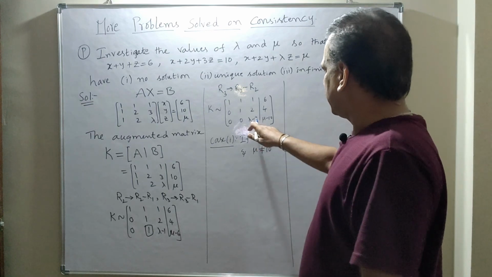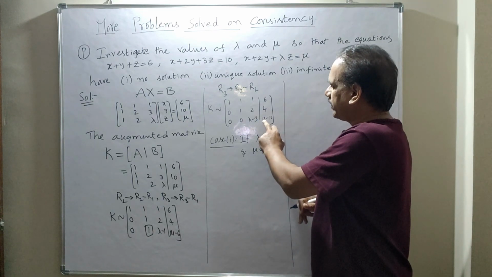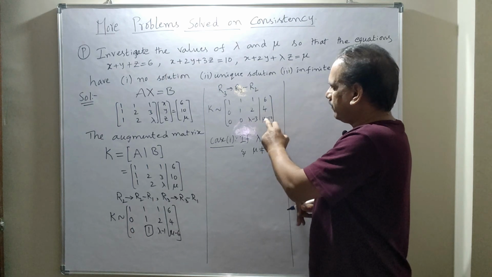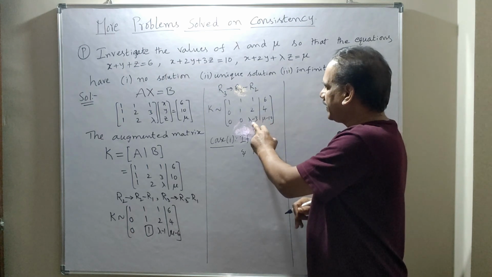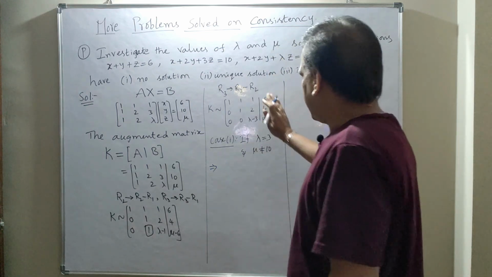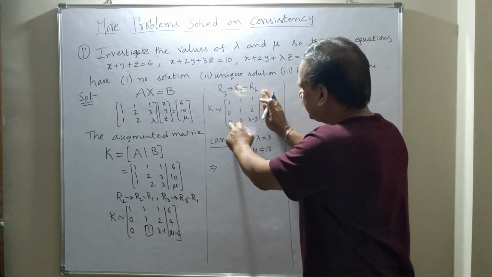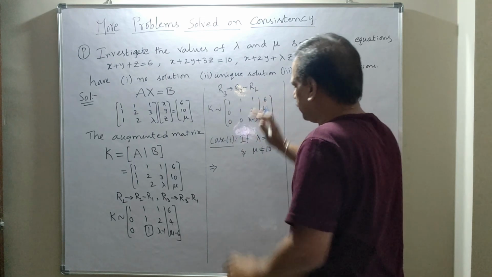So I take lambda equal to 3 and mu not equal to 10. That means I take some value for mu other than 10. Then mu minus 10 is non-zero. Lambda minus 3 becomes 0 because lambda equal to 3. In that case, this row becomes 0.